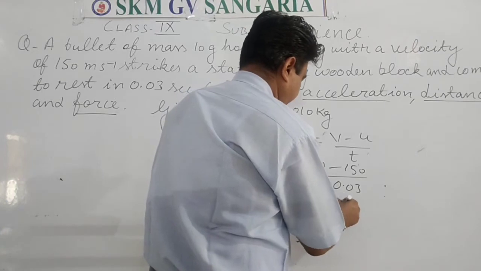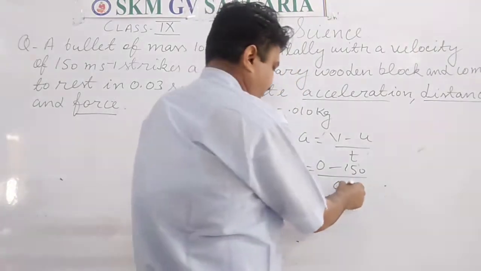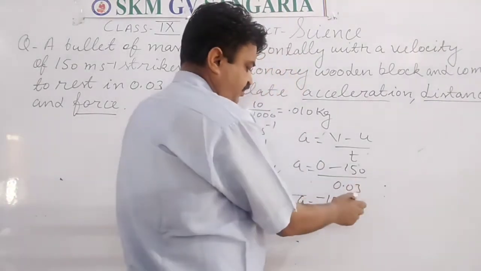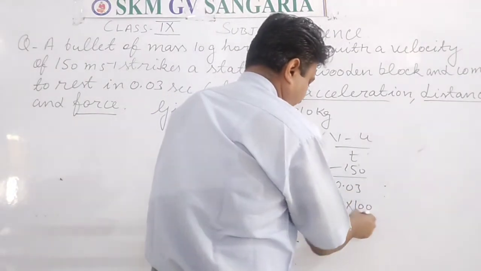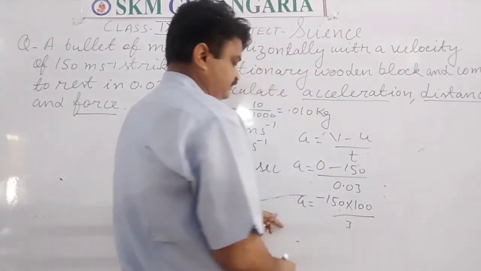Minus 150 divided by 0.03. When we remove this point, here we will put 100 and here we will write 3.